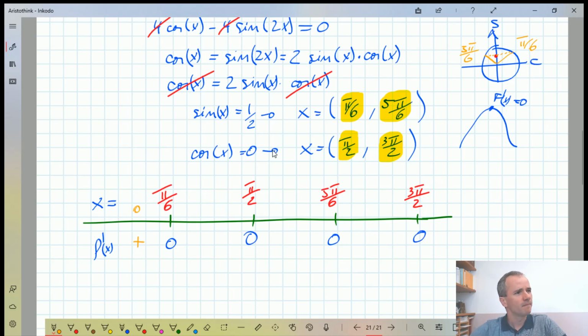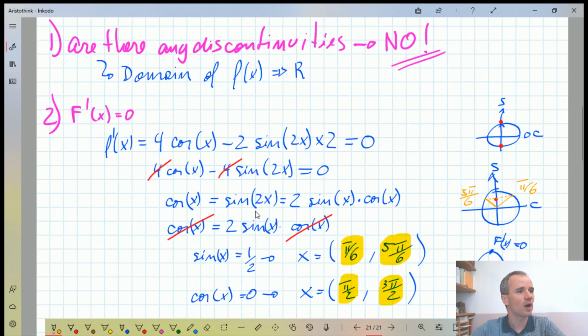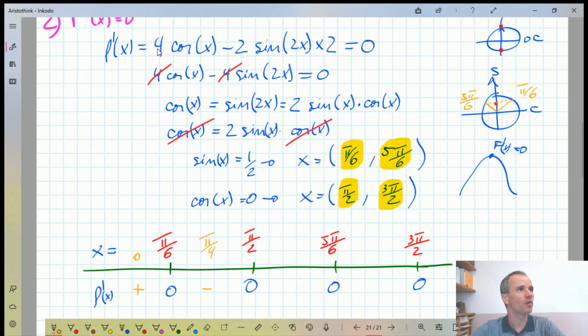Now, what number can you place between those two? I used pi over 4 because for me it was simpler, and it resulted in a negative. So when I plug pi over 4 into this equation, pi over 4 here and pi over 4 here, I got a negative. That value was negative, so our derivative was negative.